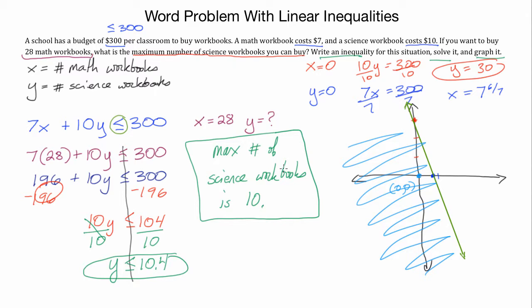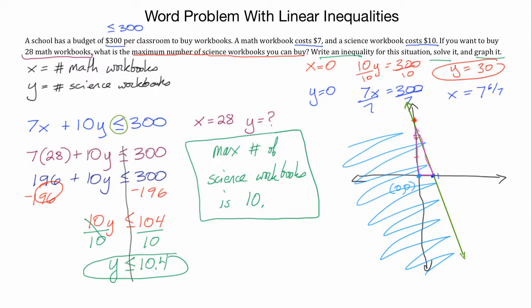Now granted, keep in mind this is science workbooks, so I really don't care about negative values, do I? I only want to know positive values of workbooks. So really my solution set, let me get a nice purple color here, is only going to be all the positive values.